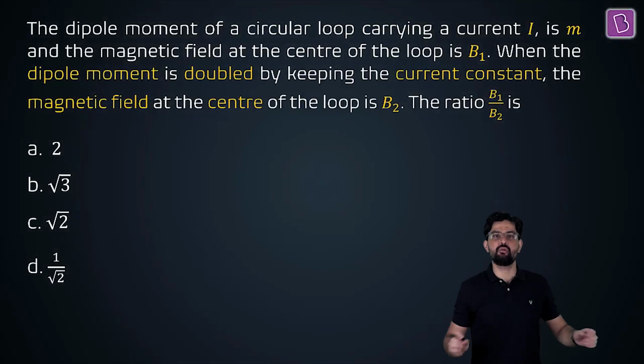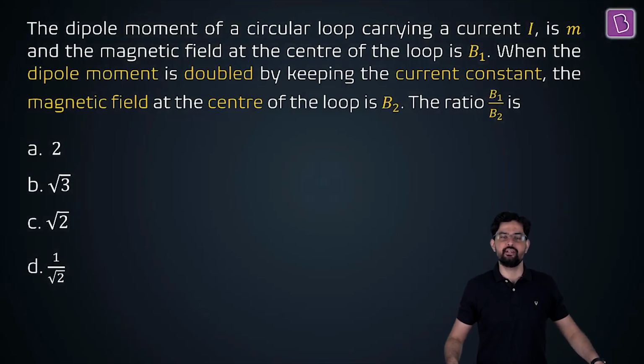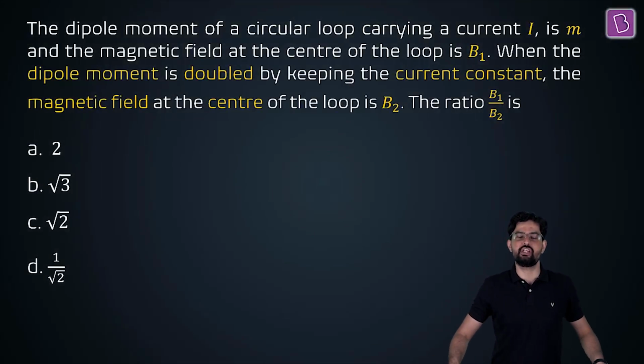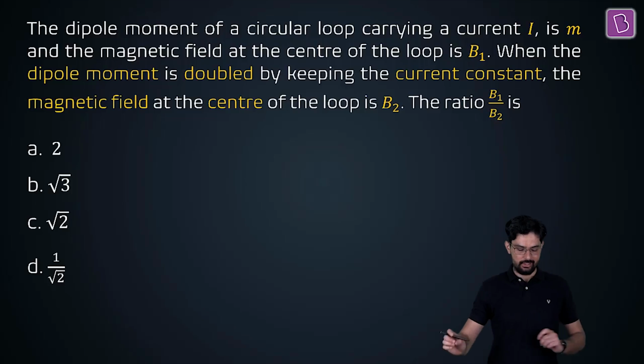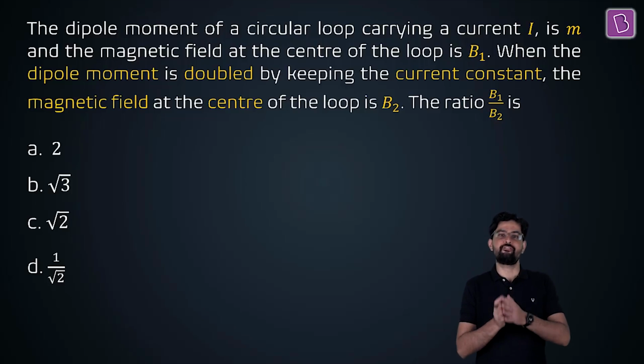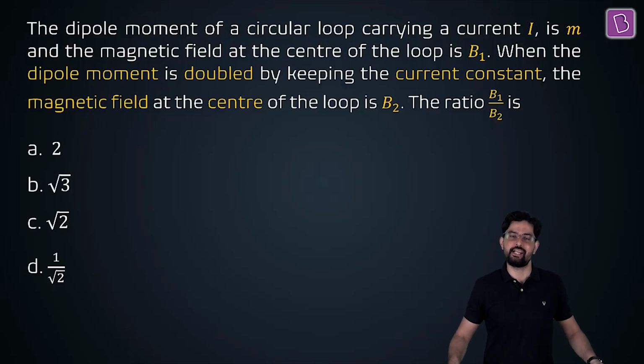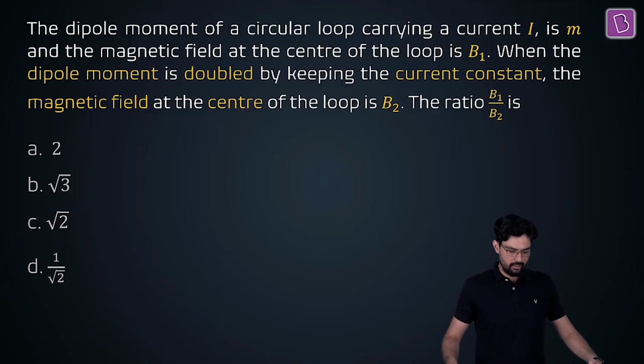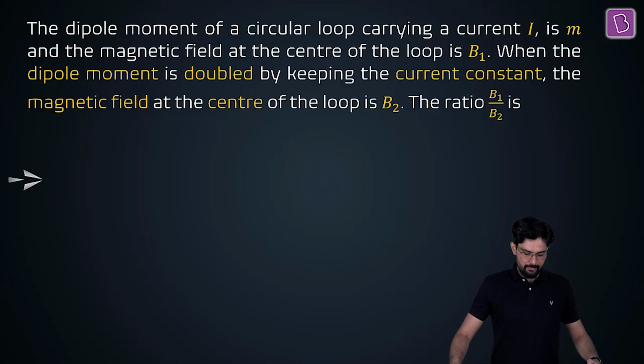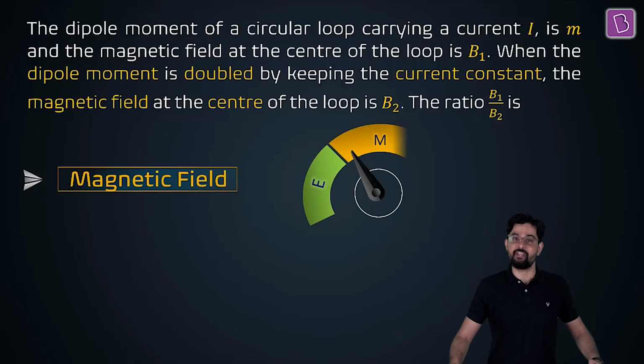The magnetic dipole moment of a circular wire is doubled without changing the current. You have to find out the ratio of the magnetic field at their centers. So easy problem based on magnetic field, right?